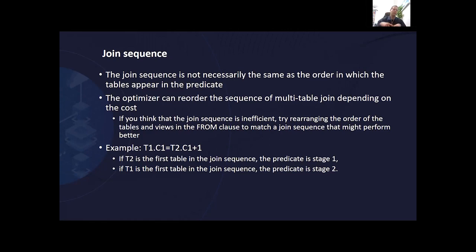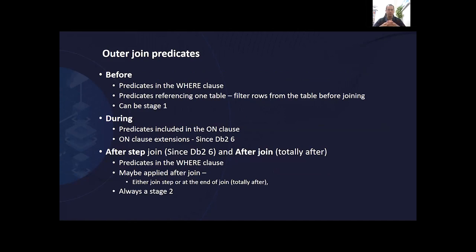Again, at the bottom, an example from the documentation: in this case, if T2 is the first table in the join sequence, the predicate is stage 1. If T1 is the first table in the join, then the predicate is stage 2. However, DB2 is evolving over time, so these things are subject to change as well.